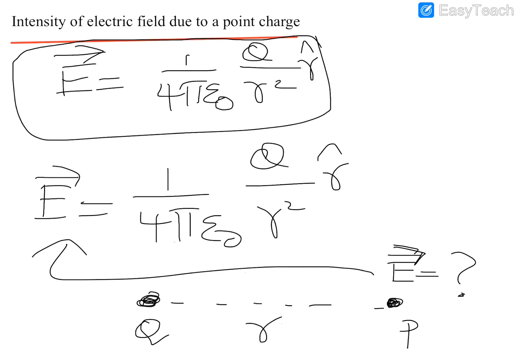The test charge you are keeping does not come into the equation, please remember. It is only for finding force and it will not come in the final equation. I hope it is clear what is meant by electric field intensity and what is meant by a test charge.